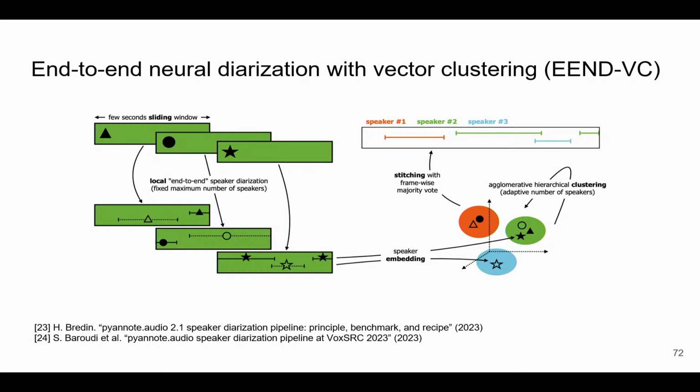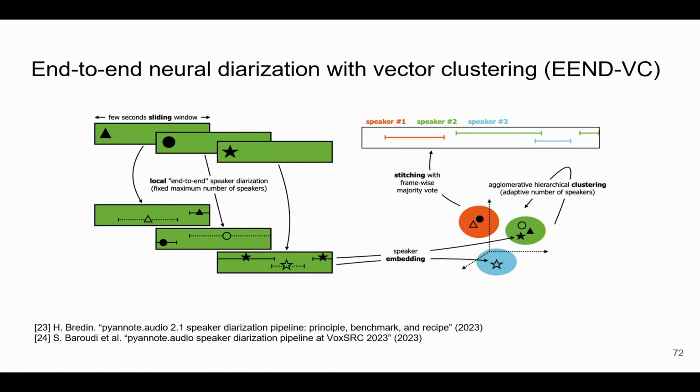The assumption is, if you run your diarization on short segments of speech, maybe up to 10 seconds, you are quite safe in assuming that there will be not many speakers, maybe 3 or up to 4 in 10 seconds. Maybe in some cases you can extend it, but usually you can put a safe upper bound on that and run it on those few seconds.